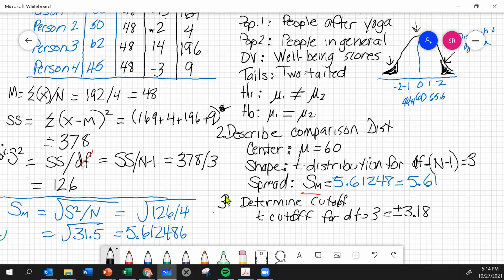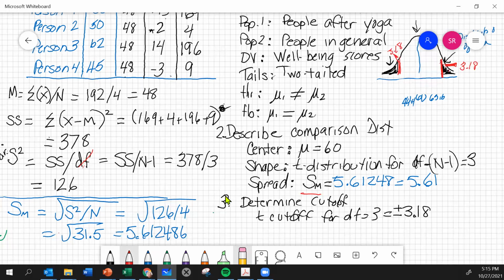And that means that our cutoff point in this distribution is going to be at this 3 kind of level, not at the 2 level. I've got it kind of small up here. So this is going to be 3.18, and this is going to be 3.18. We know that this would be a little bit tighter than I have it drawn here, but my pen doesn't quite get that small.